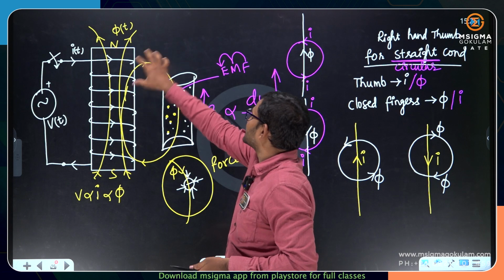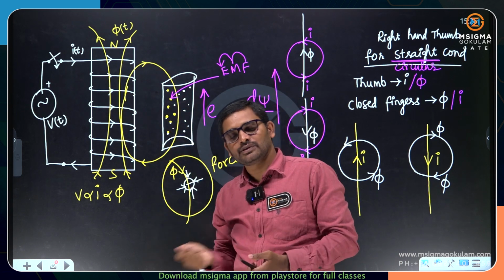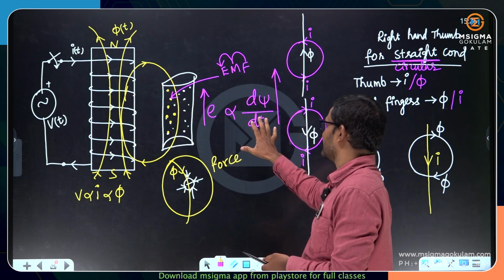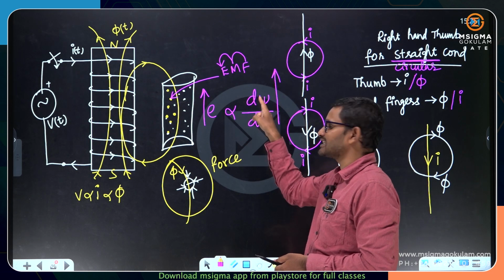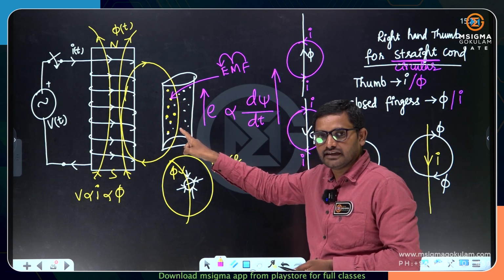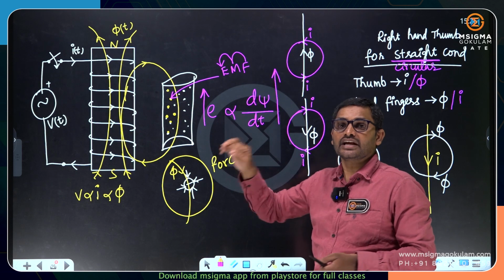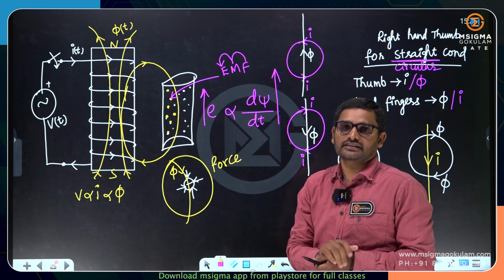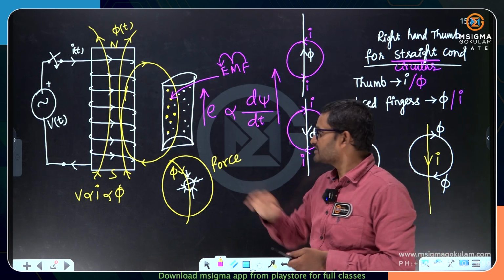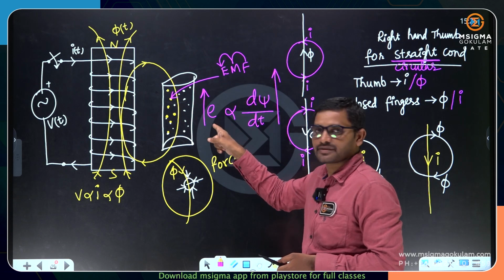If flux linkages are less, then the induced EMF is also less. That is what he said. The rate of change of flux linkages with respect to the conductor is directly proportional to the EMF induced in that conductor. What is that force? Electromotive force. I am just representing it with E.